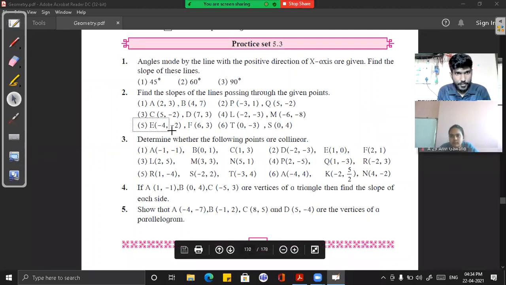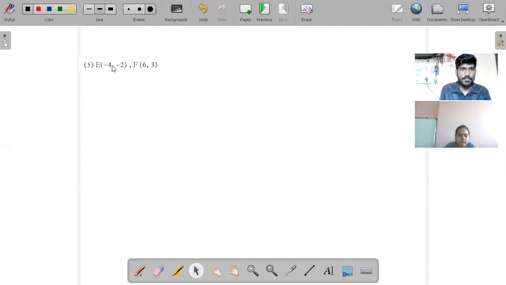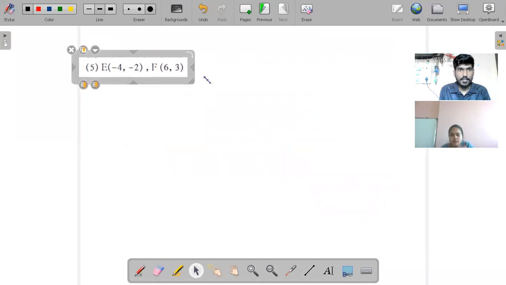Can you do the fifth one? Solve this one, find the slope. 4 is for homework.